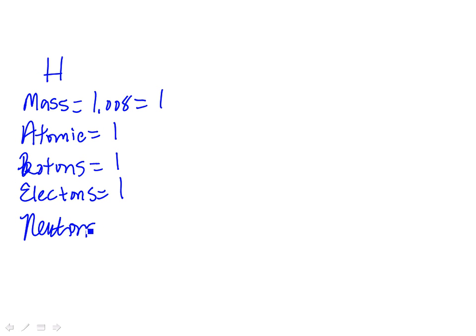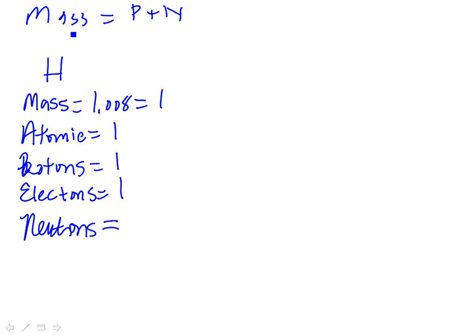And then finally, we need to calculate our number of neutrons. Remember, the way that we can find the neutrons is to take the mass and subtract the number of protons or the atomic number, and that's going to give us the number of neutrons. So let's write that mass up at the top is equal to number of protons plus number of neutrons.